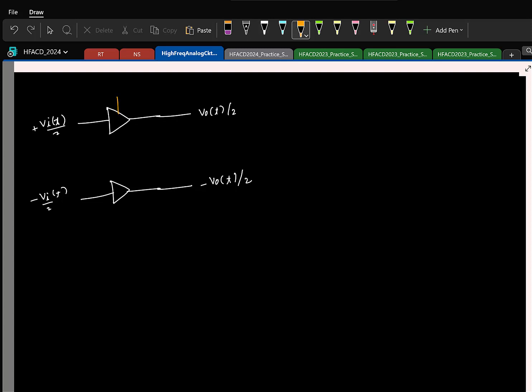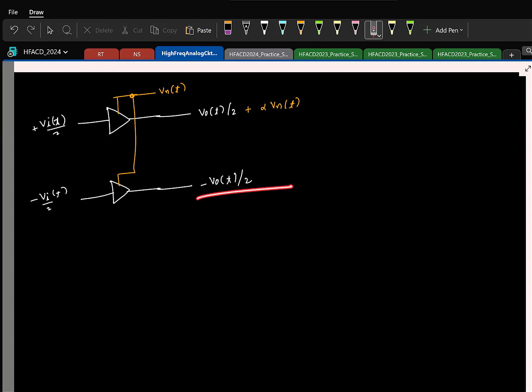So once again, both of them are going to share the supply, and if the supply has a change Vn of t, let us say for the first block, some alpha times Vn of t appears at the output. Now the same supply is given to the second block also, and this is the same identical block as this.